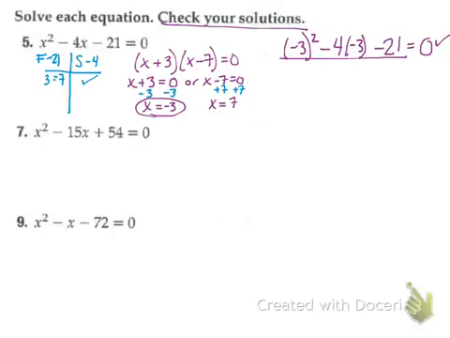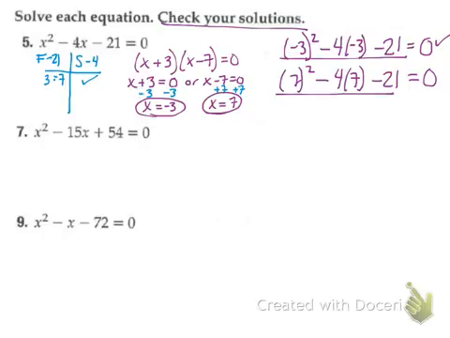And then you do the same thing with 7: 7 squared minus 4 times 7 minus 21, and that should also equal 0. Plug that all into your calculator and make sure it equals 0. I'd like you to try the next two problems, number 7 and number 9, on your own. Push pause, and then check to see if you did them okay.